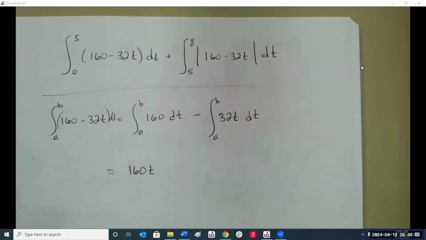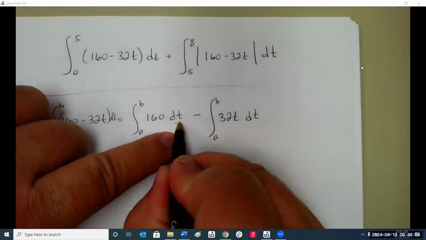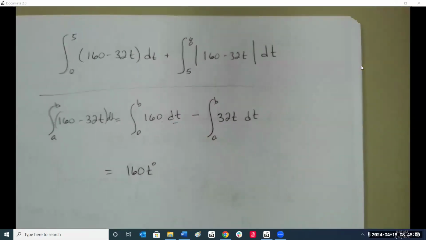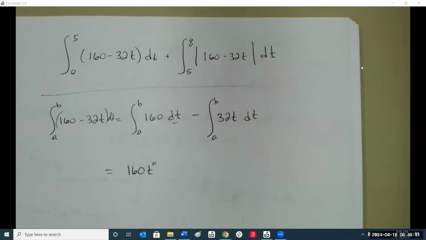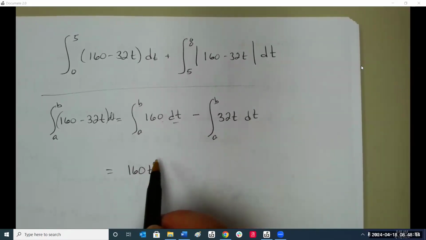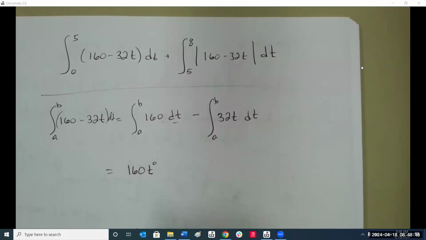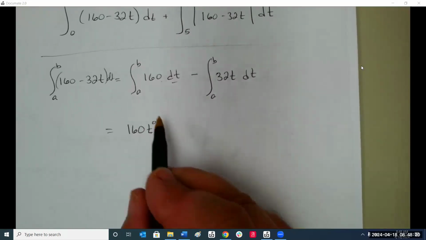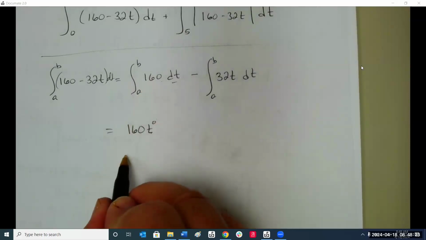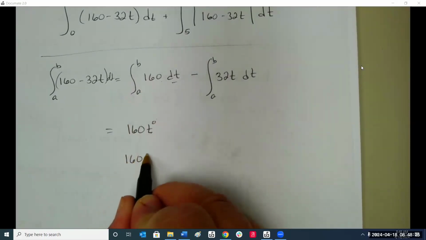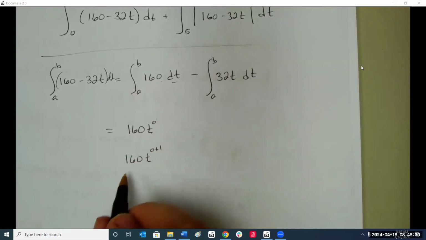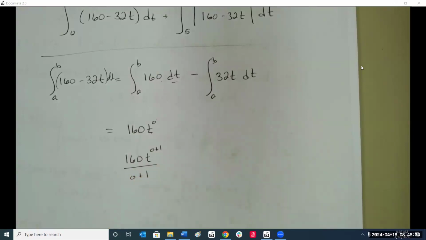Here's what's really happening. Since it's dt, is there a t there? Well, there kind of is, but it's got a zero exponent. If you just have a constant, the variable has a zero exponent, because anything to the zero power is 1. So when you take the integral, whatever that exponent is, add 1, and divide by that same exponent.